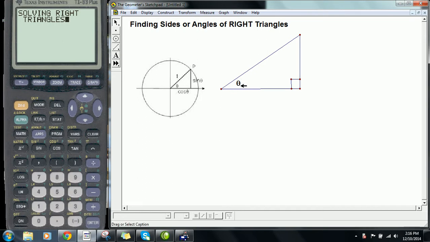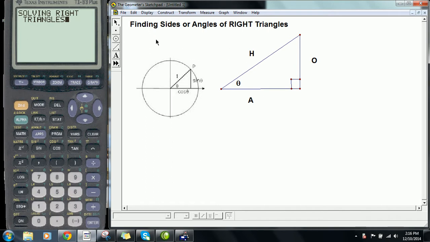So the side opposite the angle theta is called O for opposite. The side underneath, quote unquote, the side theta, my reference angle, is called the adjacent side, A for adjacent. And the hypotenuse is and always will be the side across from 90 if it's a right triangle. I call it H for hypotenuse, right?